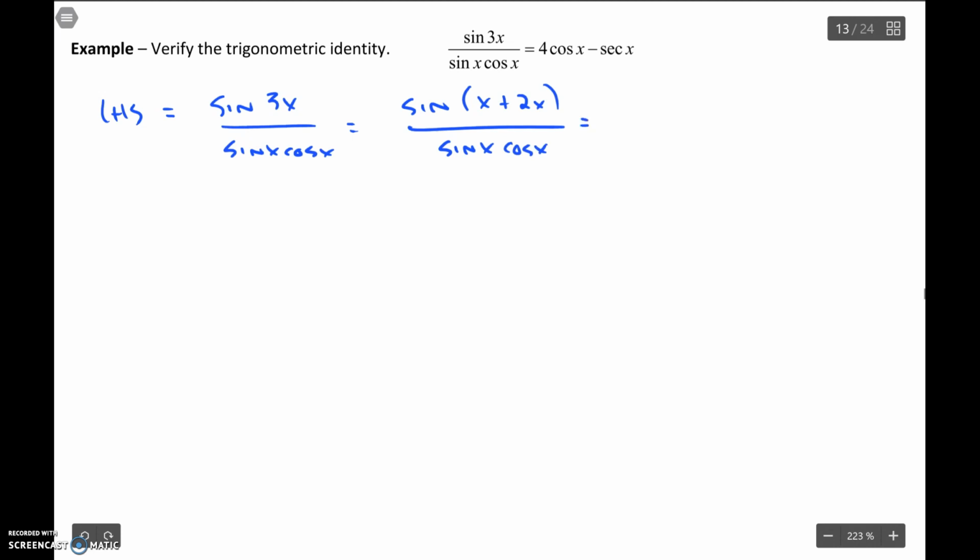It doesn't really feel like I'm applying a double angle formula yet. I have to apply the angle addition again: sine x cosine 2x plus cosine x sine 2x, sine, cosine, cosine, sine, same sign, over sine x cosine x. So now I can apply the double angle. This is why I put it on here.